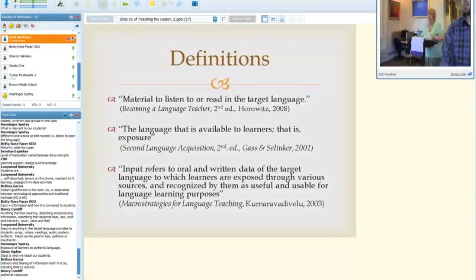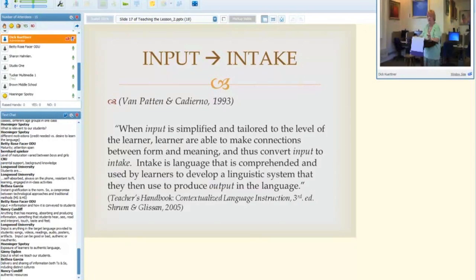Okay, here's another one, and I like this because this one takes our input as a general strategy and focuses it. This is talking about focused input, although it's a very much older definition.